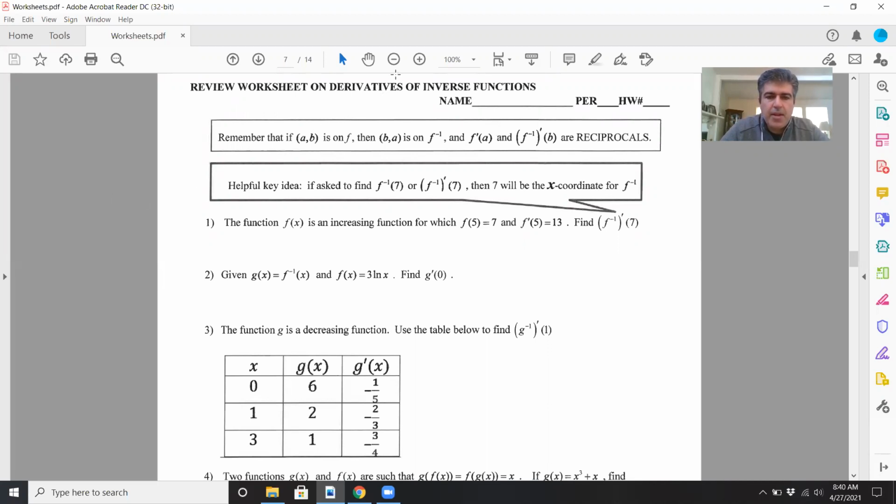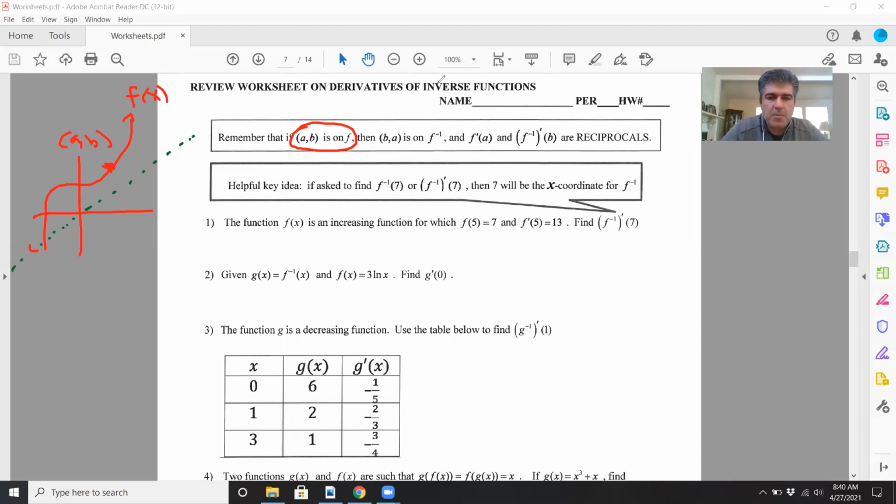The one thing you need to remember, and it's really very conceptual, is this: let's say you have a point on an original function. Let's say this is f of x, and you have a point (a, b). Then you have an inverse. The inverse is always going to be a reflection about y equals x.